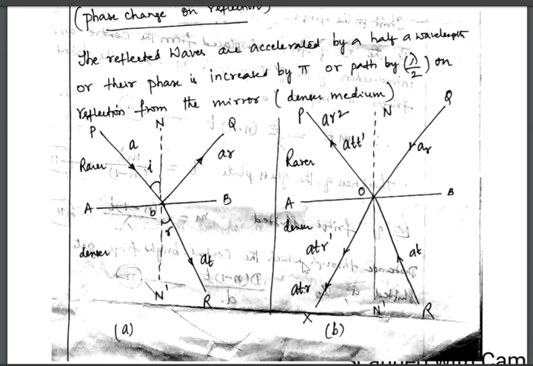It undergoes reflection in the denser medium, giving AT into R dash, where R dash is the reflection coefficient for the denser medium, and the transmitted light is AT into T dash along OP.